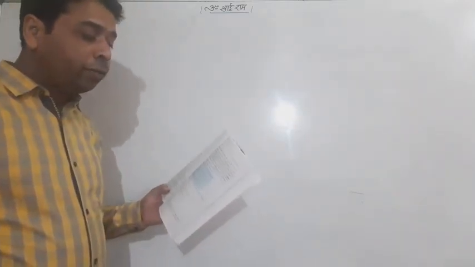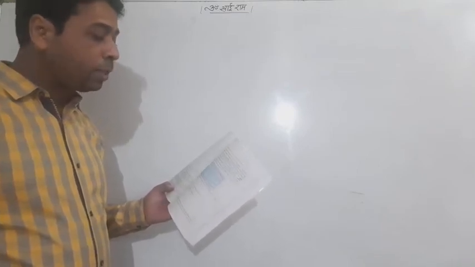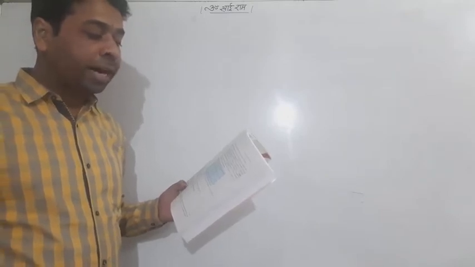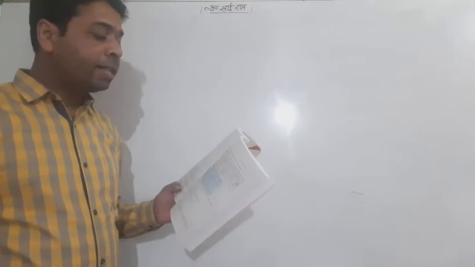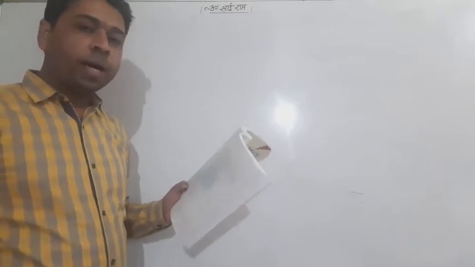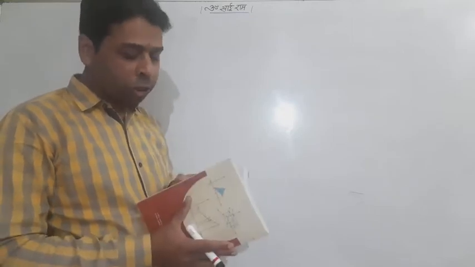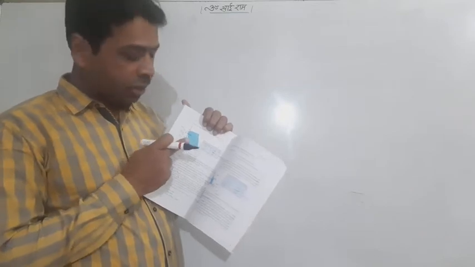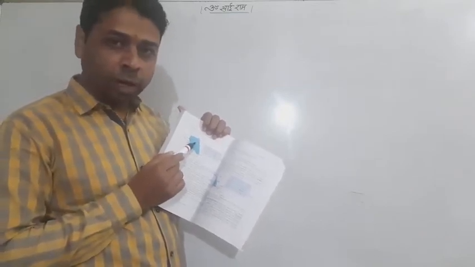A dietitian wishes to mix two types of food in such a way that the vitamin contents of the mixture contain at least 8 units of vitamin A and 10 units of vitamin C. When I read this and saw its picture, can you see the blue portion, which is actually unbounded?